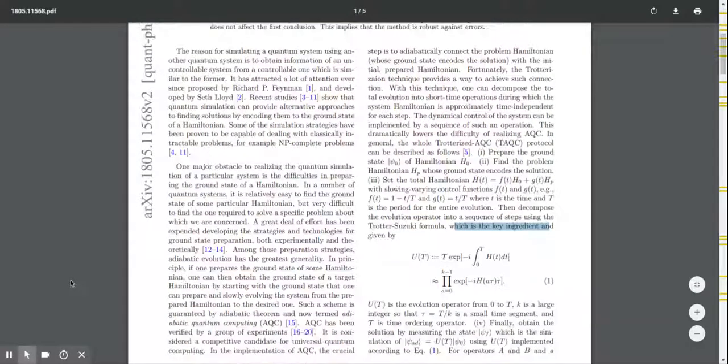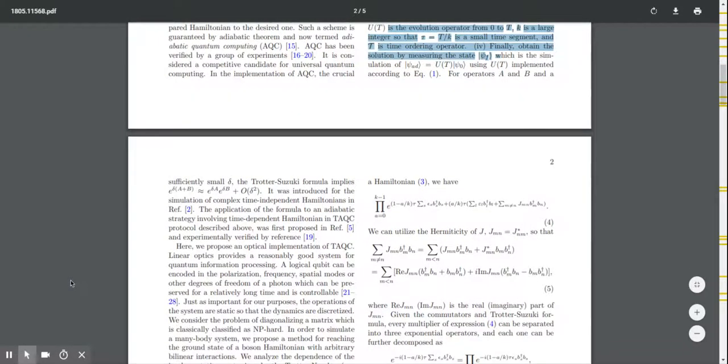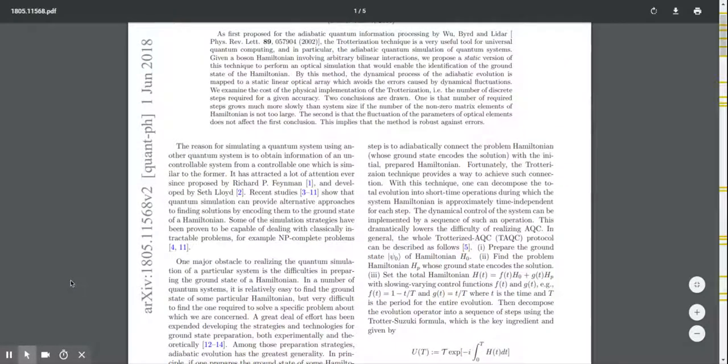This is the evolution operator from 0 to T. K is a large integer, so that finally we obtain the solution by measuring the state. The formula was introduced for the simulation of complex time-independent Hamiltonians, and here the application of the formula to an adiabatic strategy involves time-dependent Hamiltonians. Yeah, but I want to know the gate model version of it.